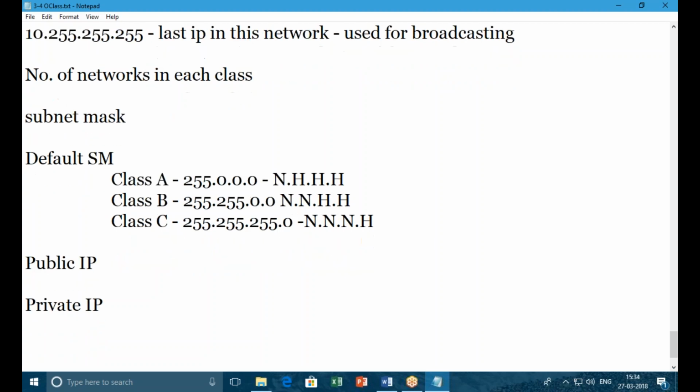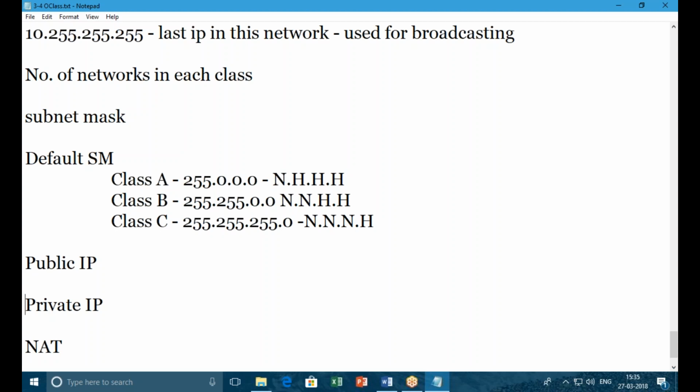So they came up with a concept called natting, where you have 10 systems with 10 IP addresses, but communicating with one IP address. After that, they came up with a concept called public IP and private IP.